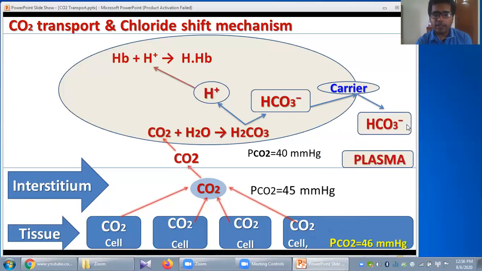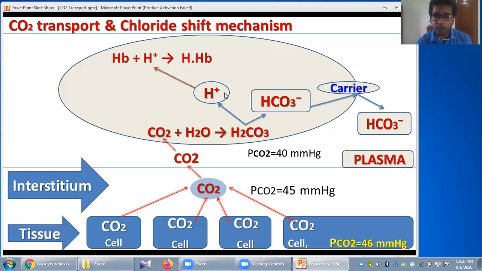At the same time, as you can see here, hydrogen ion is a positive ion and it has been retained within the red blood cell by binding with hemoglobin. But this negatively charged molecule, that is bicarbonate, is continuously getting out. So what will happen?